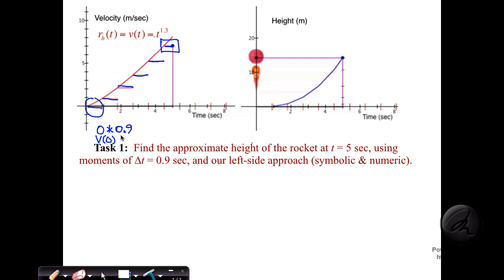If you want to be all symbols, v of 0 times delta t.